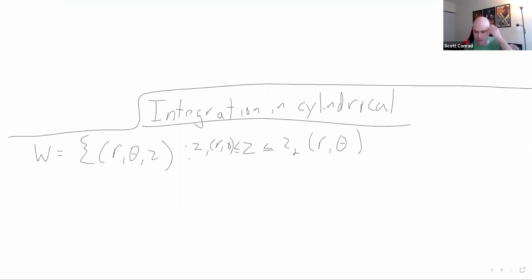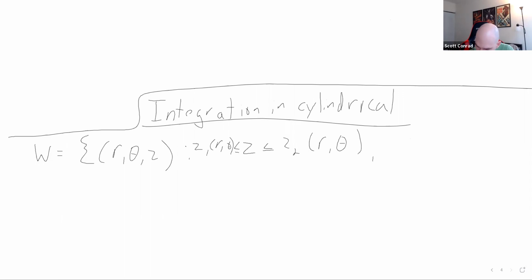We'll just do some examples and it'll become clear. Think of this as a top and a bottom surface. And these are going to be radially symmetric. Usually it's going to be like a plane or a cone or that kind of thing.